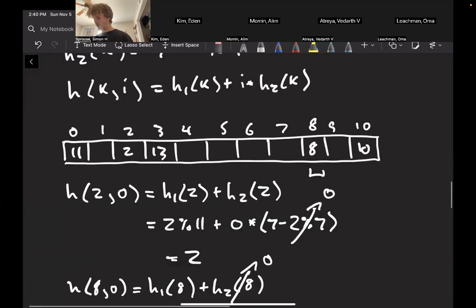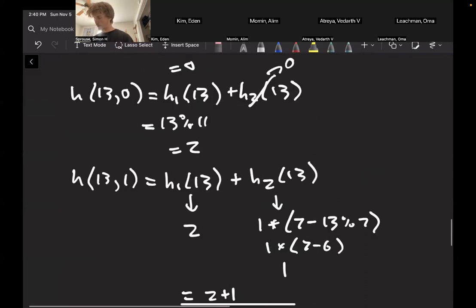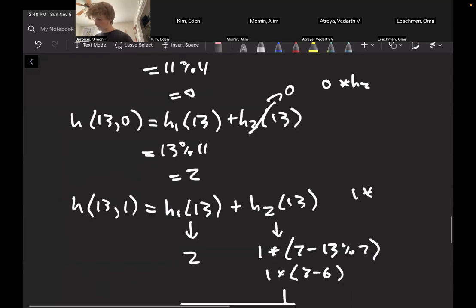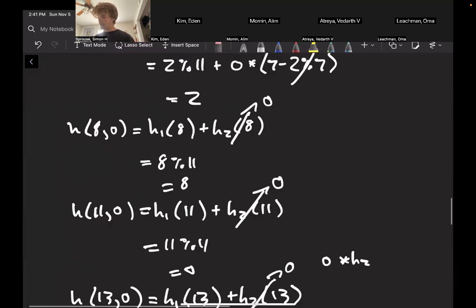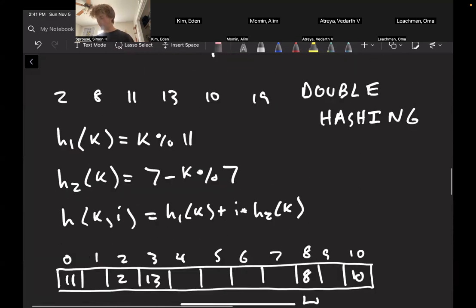I do owe you an apology because I did that implicitly here. At first it was 0, which is i times h2, and then it was 1 times h2. The double hashing is very similar to linear probing in the sense that the number of collisions is also an important term. Sorry if I forgot to make that point.